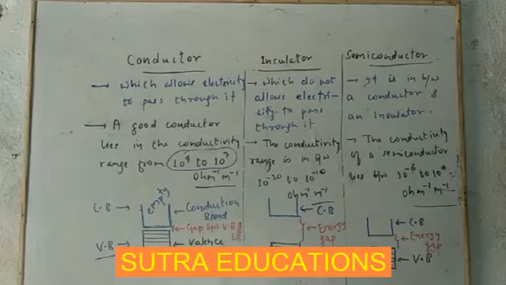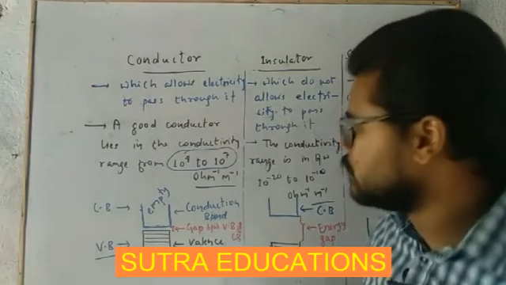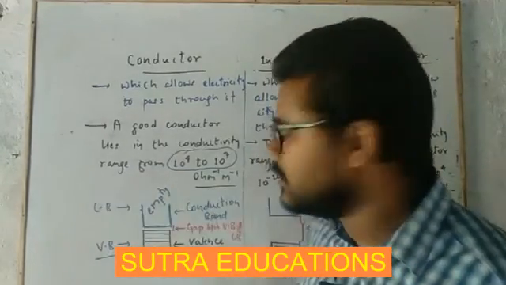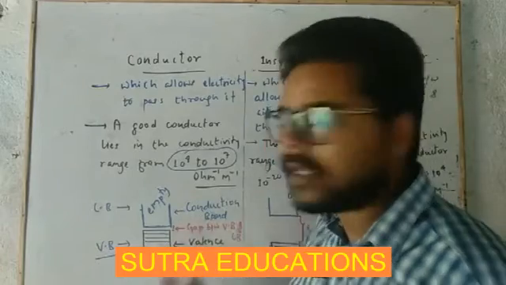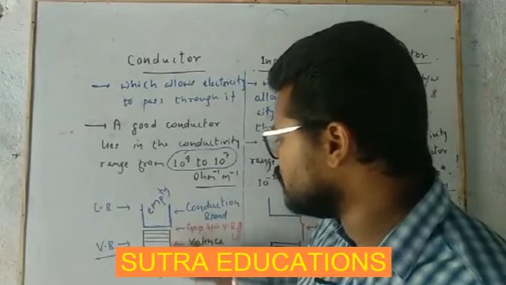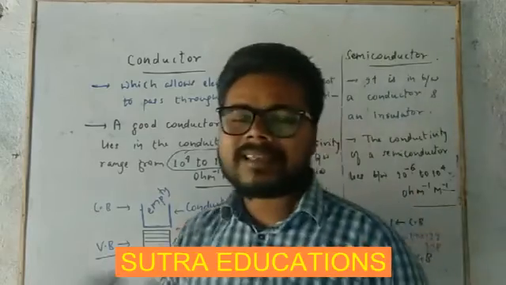Okay, what is the meaning of these three figures. Come to the first case. In case of solids, valence band and conduction band are separated by an almost negligible gap.